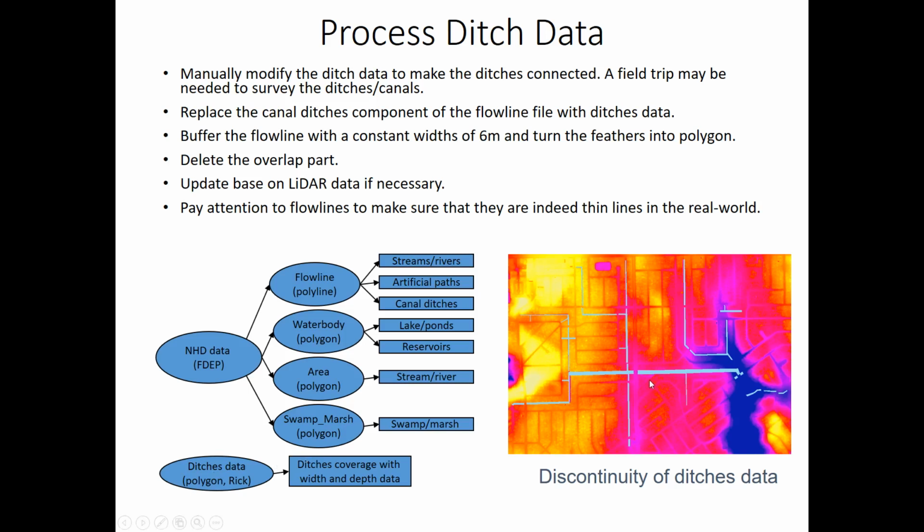Sometimes you see discontinuity of ditch data like here. When we first looked at the ditch data, we said, well, there is a discontinuity, it is reasonable, and then we went to the site and found out this is a road and it's like a bridge here. So actually things are connected. This is why we say a field survey sometimes is helpful to address any question you may have for the DEM or NHD data.